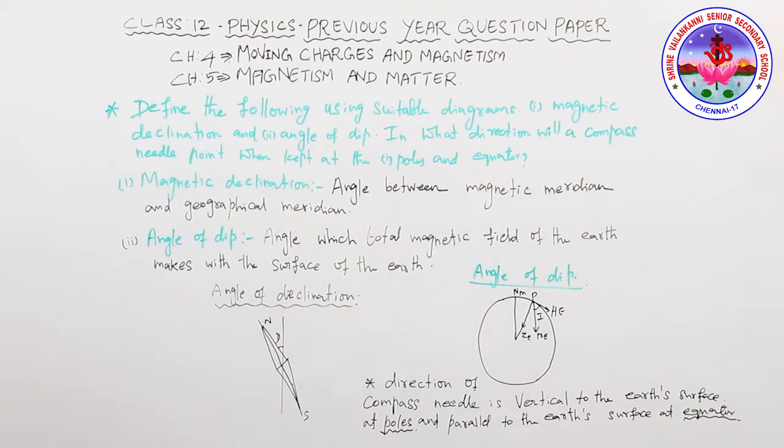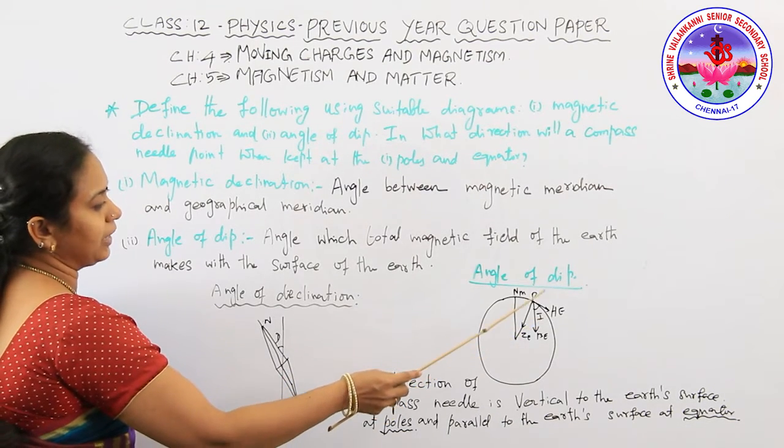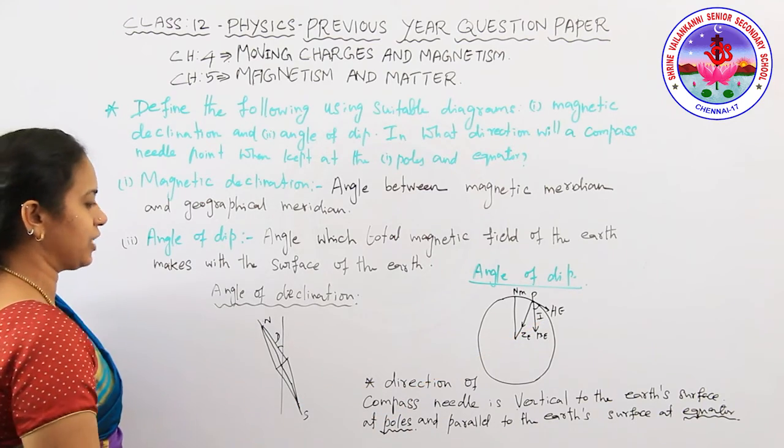The angle of dip is the angle which the magnetic needle makes with the horizontal in the magnetic meridian, or we can say the angle the total magnetic field of the earth makes with the surface of the earth. So this is I, the magnetic angle of dip or inclination.